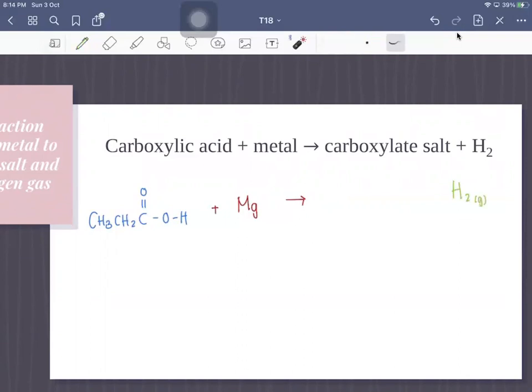Because it is behaving like an acid, you are breaking the OH bond, releasing the H+ ion from the propanoic acid, and you're left with the carboxylate ion, which is called the propanoate ion.